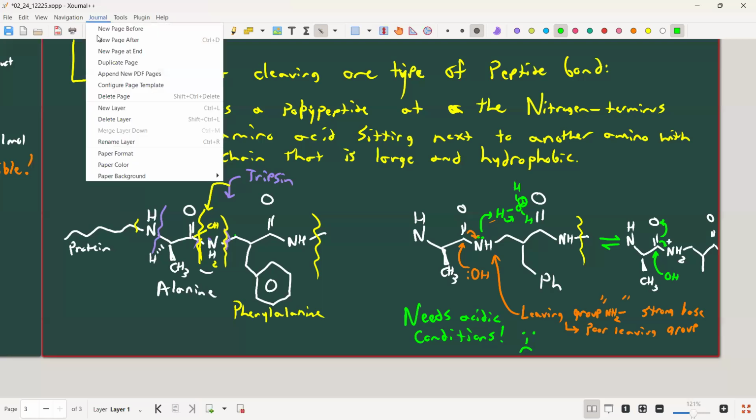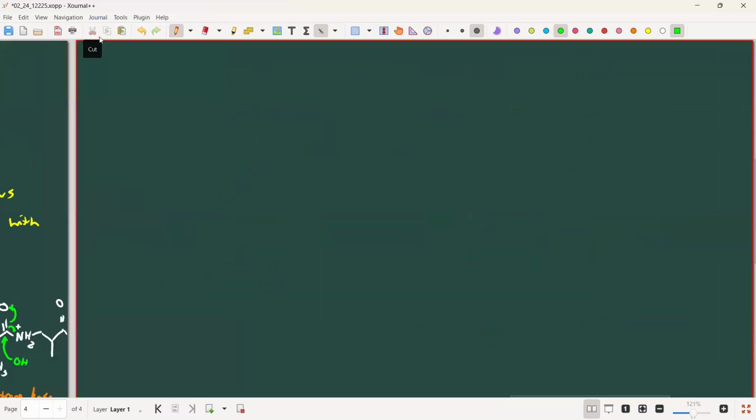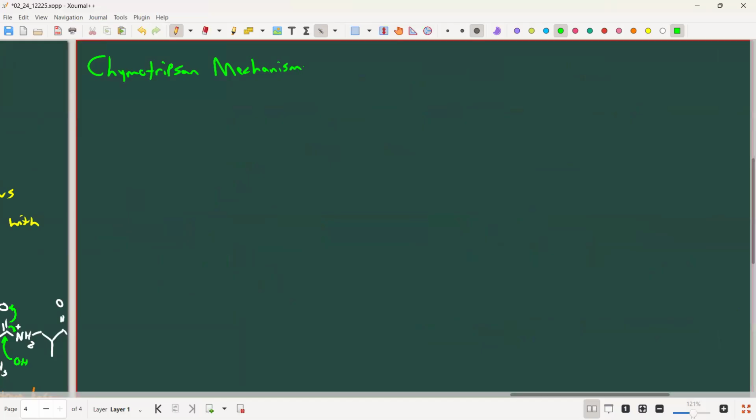Good, plenty of time. So let's look at the chymotrypsin environment, where it actually takes this molecule and does its work. And we'll look at a picture of chymotrypsin in a little bit.